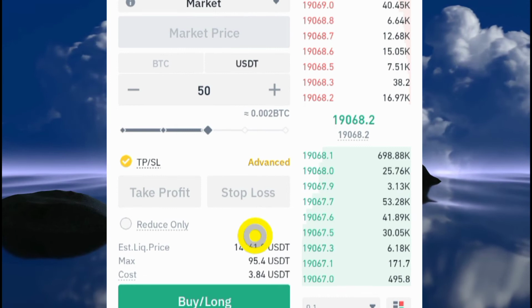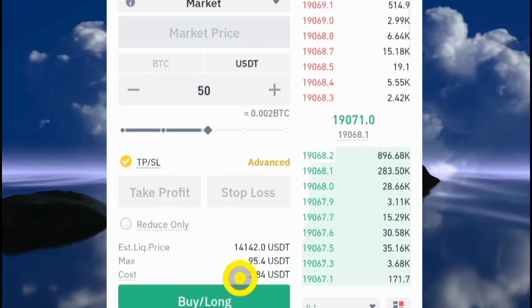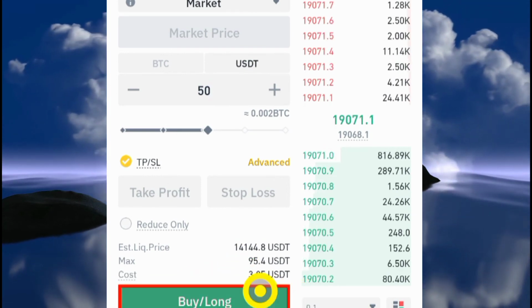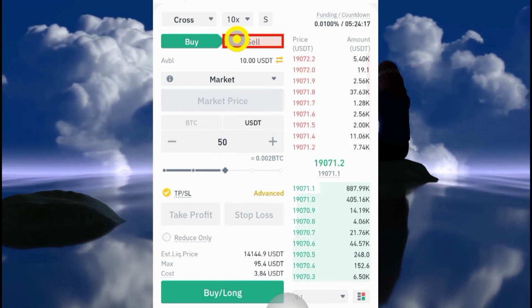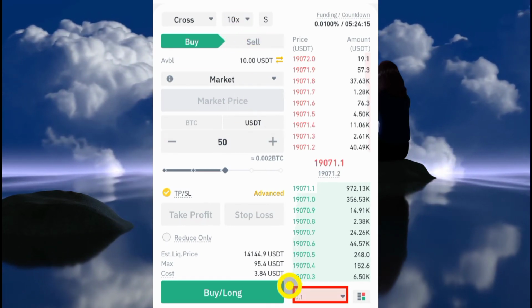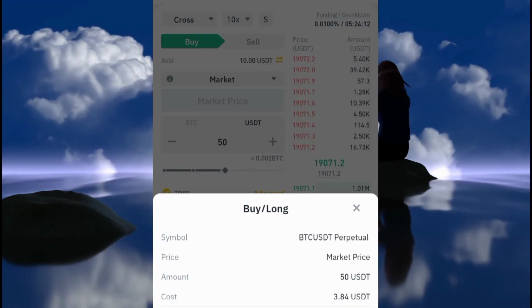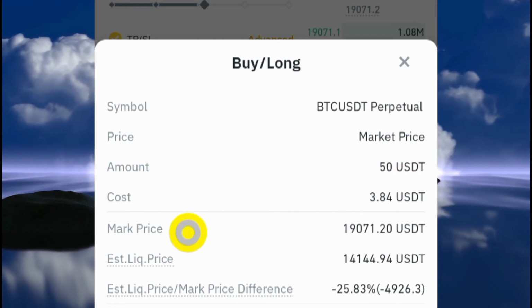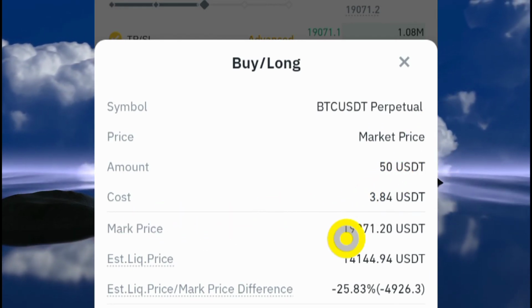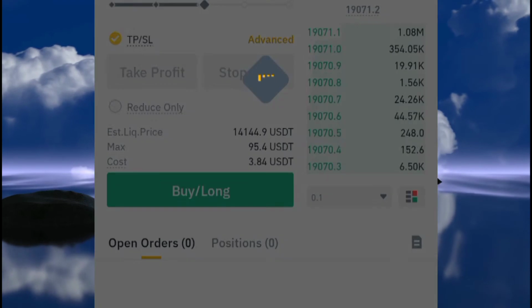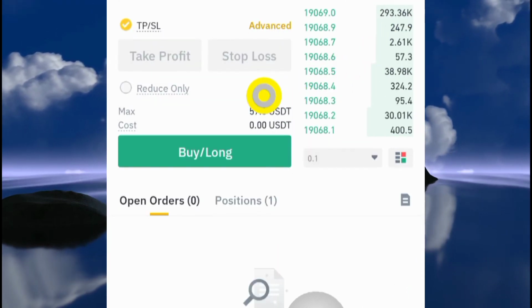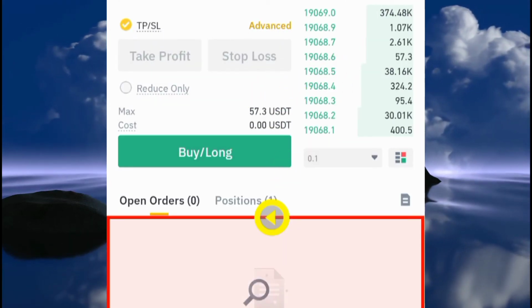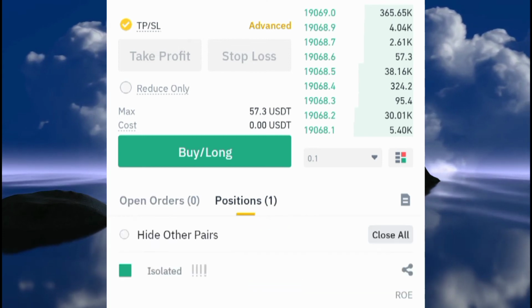Now let's do this live. Notice my cost here is 3.84 USDT. I want to buy 50 and click on the 10x leverage. If I click on buy long, you can see that's my cost here. So I'm going to click on the confirm button. Now the trade has been placed. You can see it says positions 1, so I'm going to click on that.